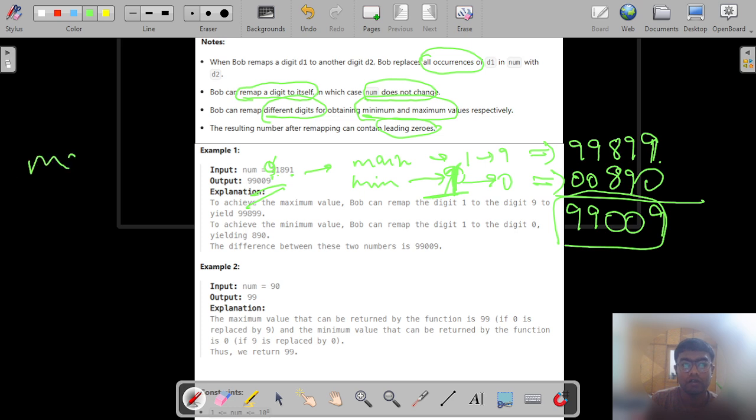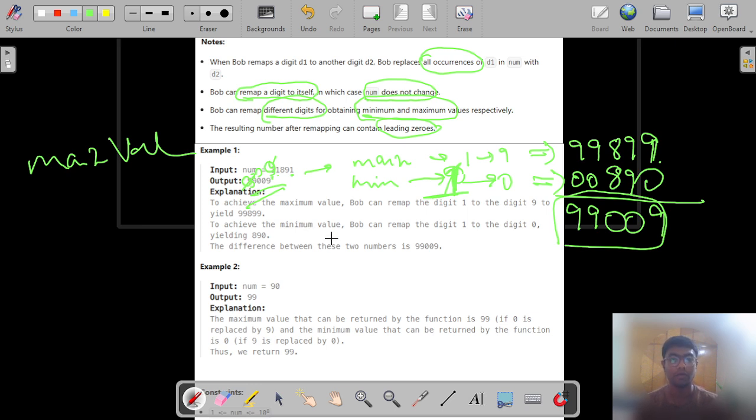That would be our max value. Similarly for the minimum, we replace the first occurrence of a digit which is not equal to 0, so in our case the zeroth index digit, with 0, and we shall replace all the other occurrences also.